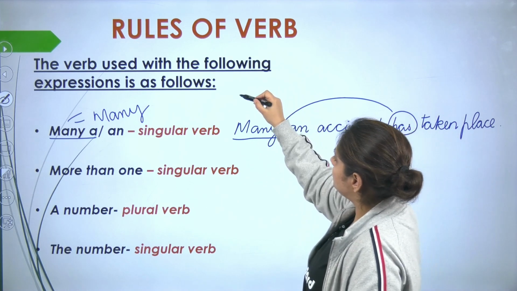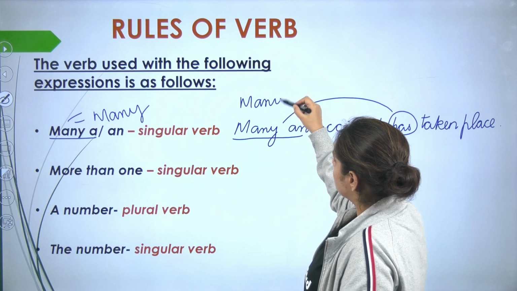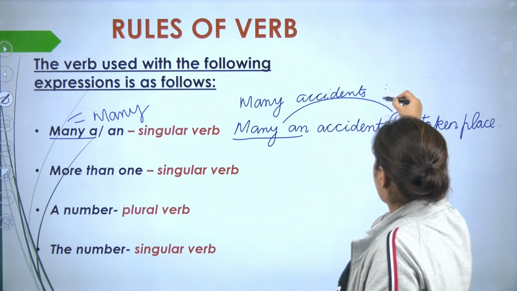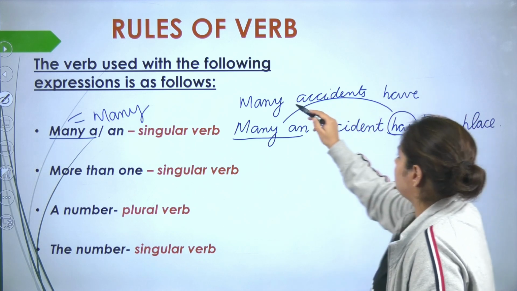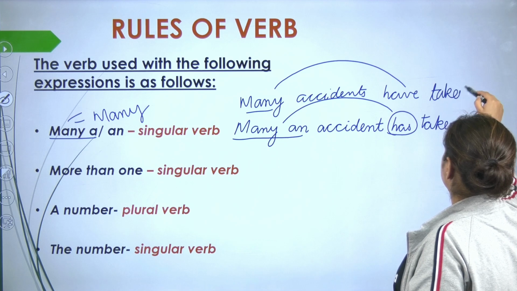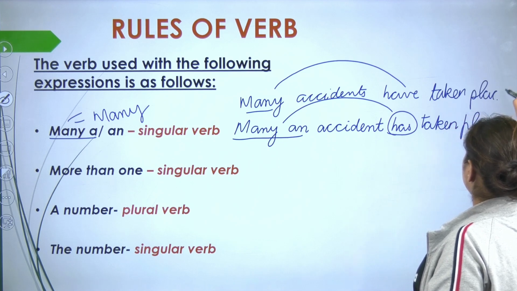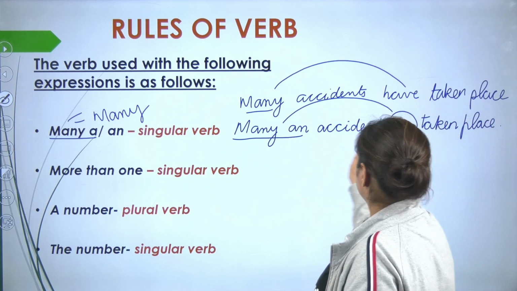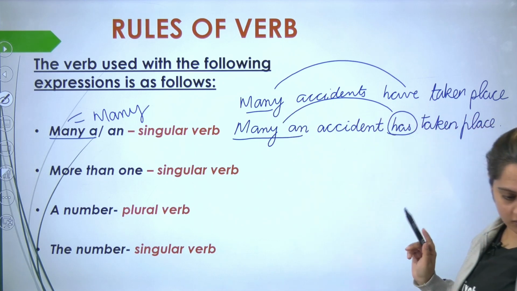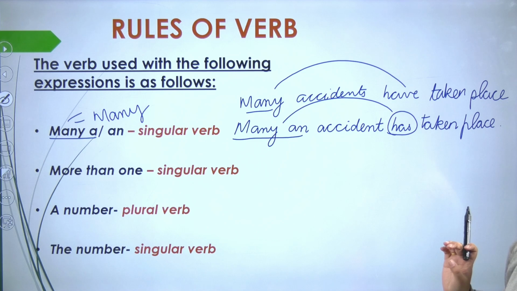You can write the same sentence like this, and this will also be correct: many accidents have taken place. Many will take "have". But if you write "many a" or "many an", it has to be singular. Meaning of both these is the same. So this is something which you should remember.